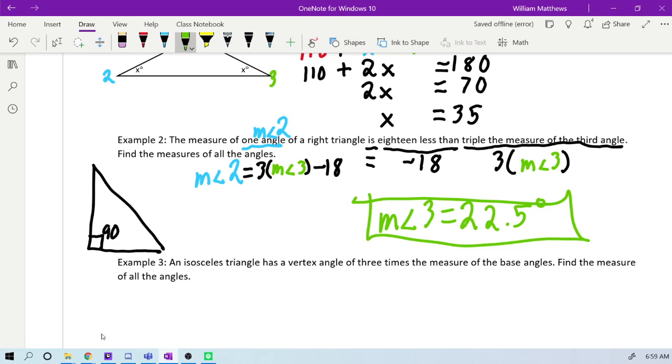Twenty-two point five times 3 minus 18 gives us 49.5.